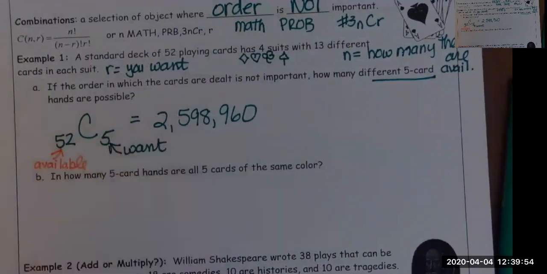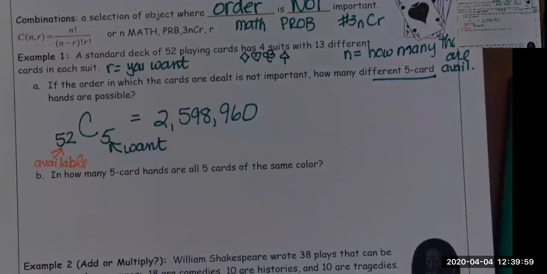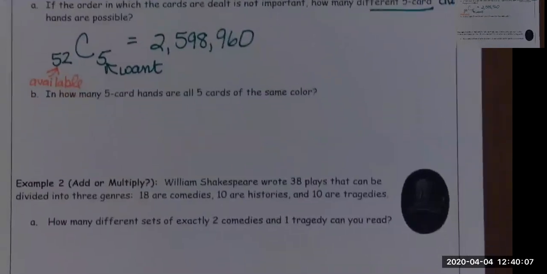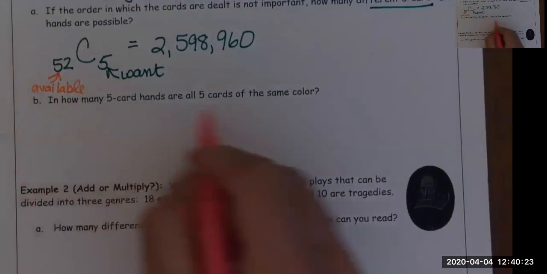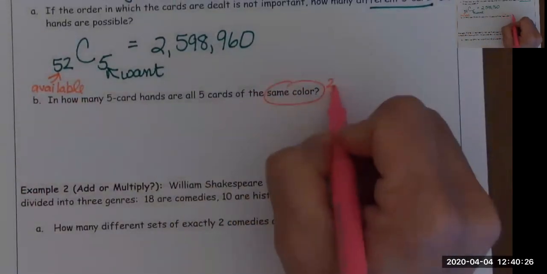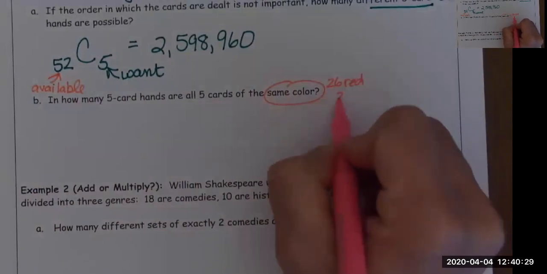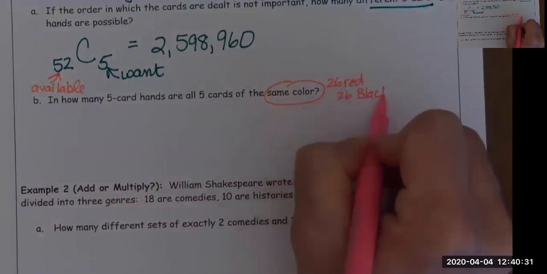Now, this number of what's available isn't always as easy as 52. If I said I only wanted red cards or black cards, then I would only have 26 available. So you've got to watch that number and think for a minute about what that number's asking. Okay, in how many 5-card hands are all 5 cards the same color? So here I've got 2 things going on. First of all, I have 26 cards now because there's 26 red, 26 black in a standard deck of cards.